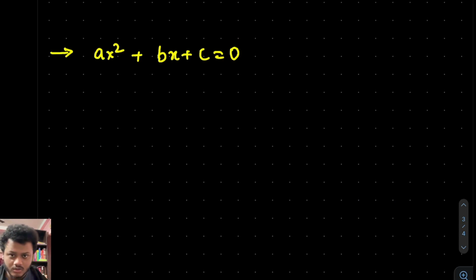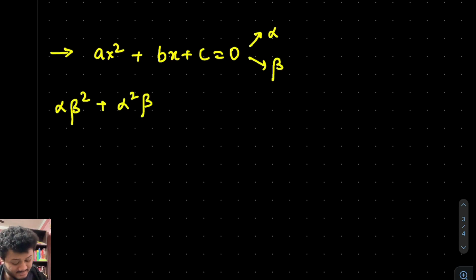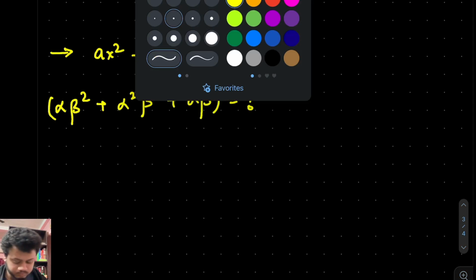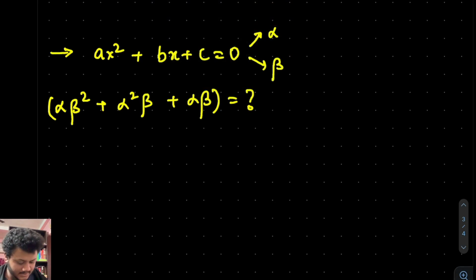So now we find this question: ax square plus bx plus c has two roots, alpha and beta. And we are required to find alpha beta square plus alpha square beta plus alpha beta. What will be the value of this? Now we find that it is really similar.